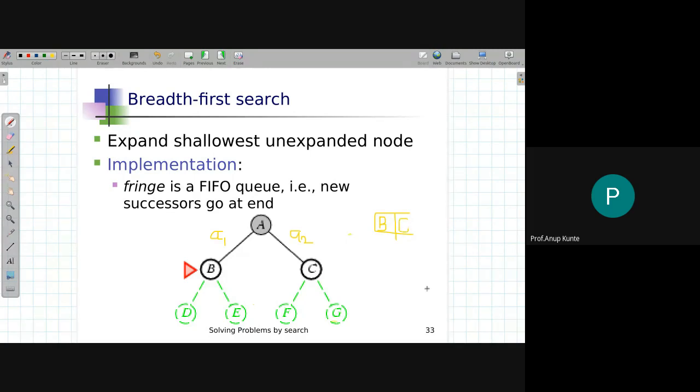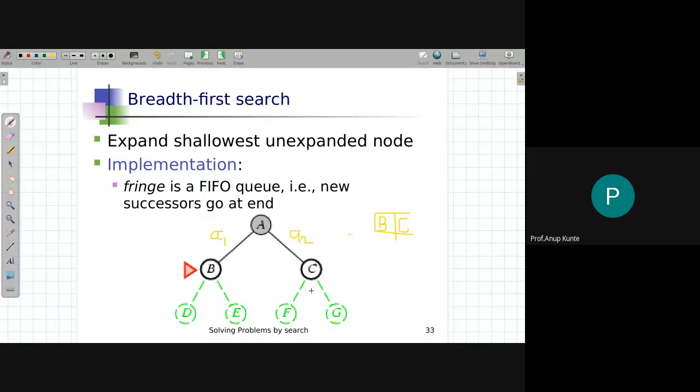One important thing to understand is that when I'm expanding the shallowest unexpanded node, the general tendency is to pick the leftmost node, or the node with the alphabetically lower value. If numeric values are there, whichever has the lower numeric value, I pick that node from the same generation.